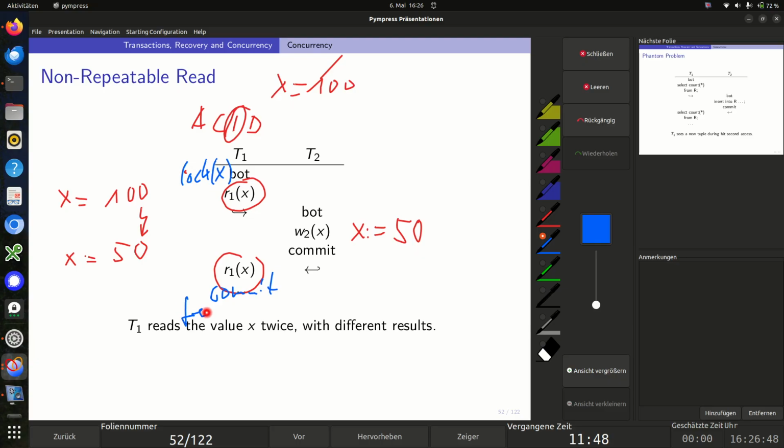So free X. And this would mean that this other transaction would also be required to get the lock granted, and as long as it does not get a lock, it must postpone its transaction until the lock is available.